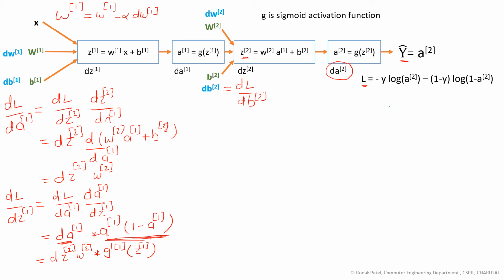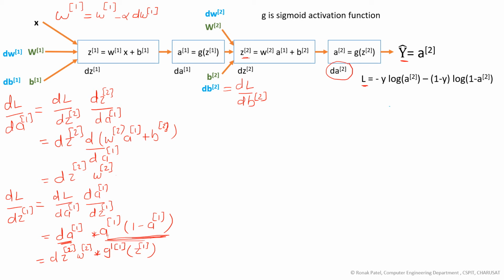Next, now on z1. How will we calculate z1? We'll calculate z1 based on W1, B1 and X. Now X is your training example, so we cannot change that value. So we need to find out dW1 and dB1.